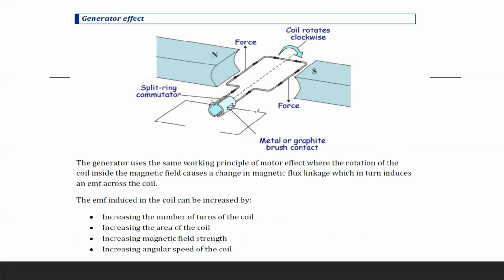So when we rotate the wire, a motor can also generate electricity. If we rotate the coil in a magnetic field, there is a change in magnetic field, and that will induce EMF. And if we want to increase the induced EMF, we should increase the number of turns, use a larger coil, use a stronger magnet, or move at a higher rate.